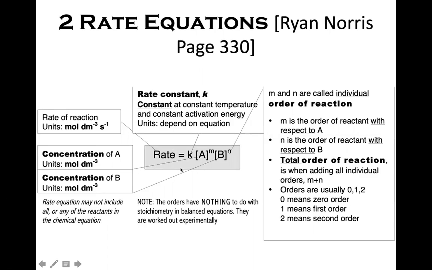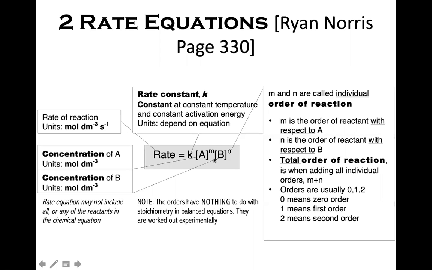Rate of reaction equals k, which is your rate constant, times the concentration of reactant A raised to the power of m. Now this m is not your mole ratio, not your stoichiometry number, but what we call the order of reaction. I'll talk about that later.